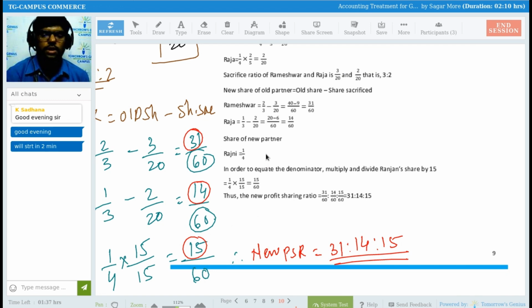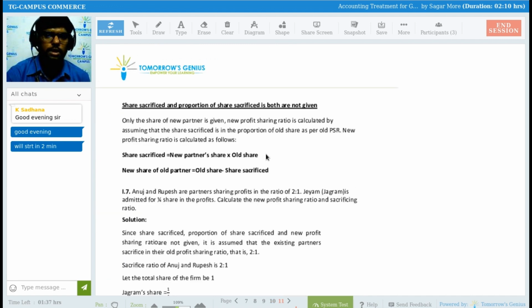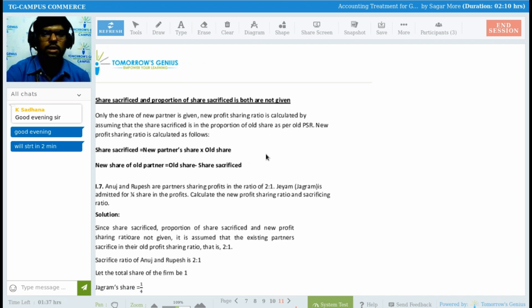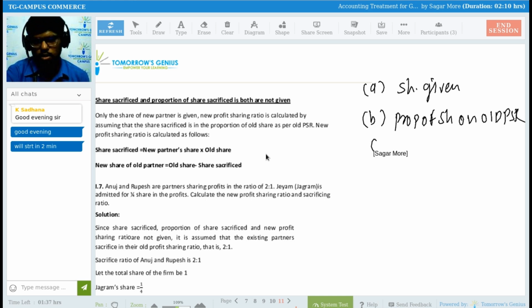Right? Okay. Now we are moving further to the final one, where share sacrifice and proportion of share sacrifice are both not given. So we covered first, share sacrifice given. Secondly, we completed proportion of share sacrifice on old PSR given.